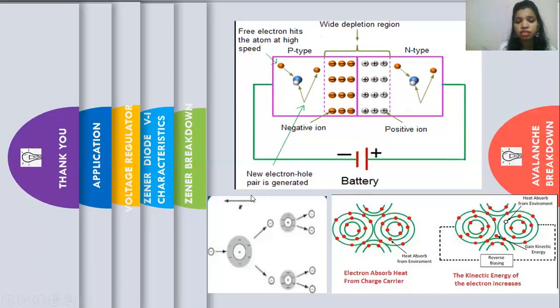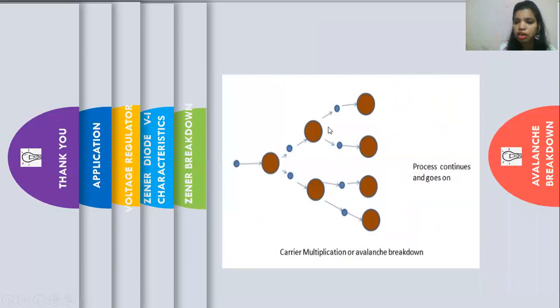And this happens in this way: 1 to 2, 2 to 4, 4 to 8, 8 to 16. Due to this multiplication, it is called avalanche multiplication. So multiple electrons are generated and the current flows due to these carriers. This is called avalanche breakdown. Avalanche breakdown happens due to this multiplication. So this was the concept for the avalanche breakdown.